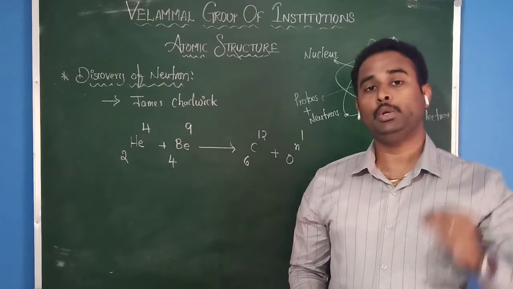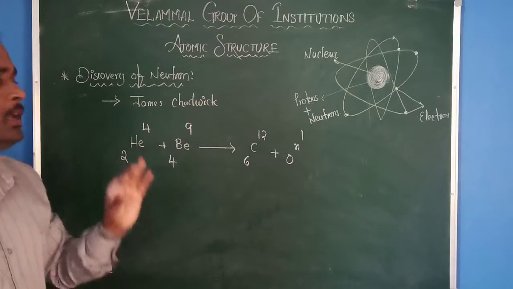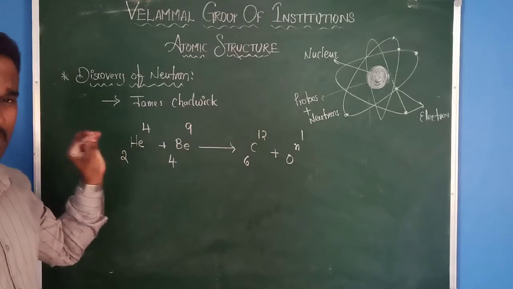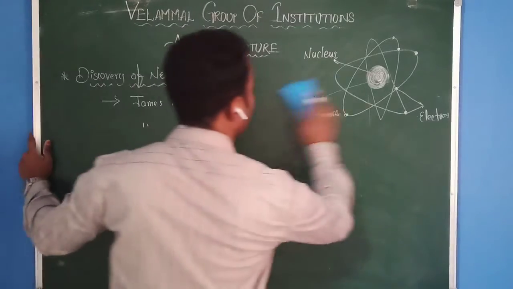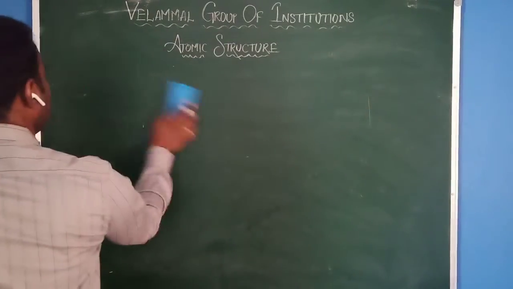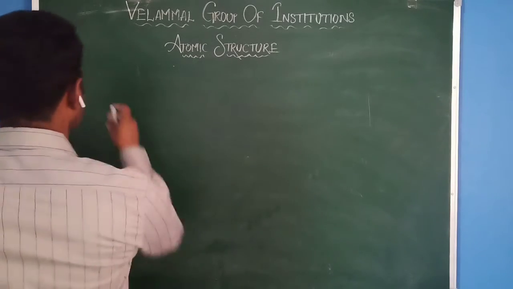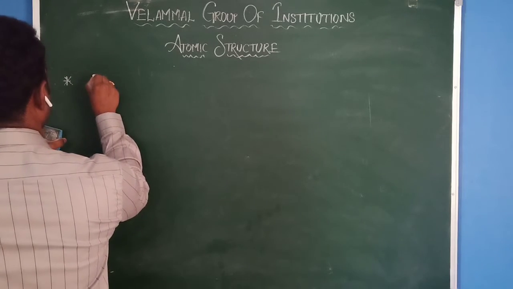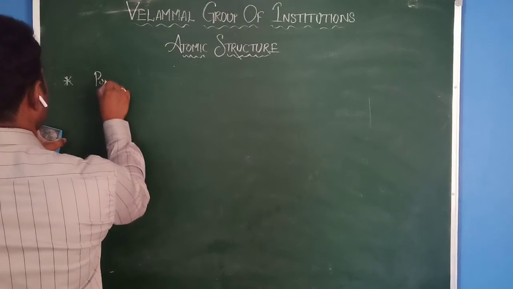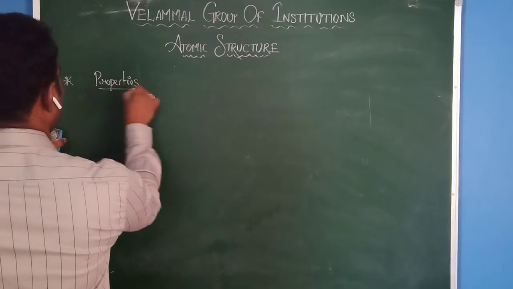Before going to discuss the atomic theories, let us discuss the properties of the three important subatomic particles. What are the properties? That means their mass number and charge value, we'll discuss. First, properties.